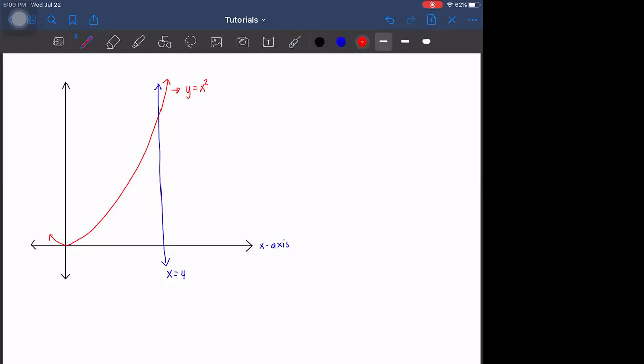Y equals 0. Very good. And what's the equation of the y-axis? X equals 0.